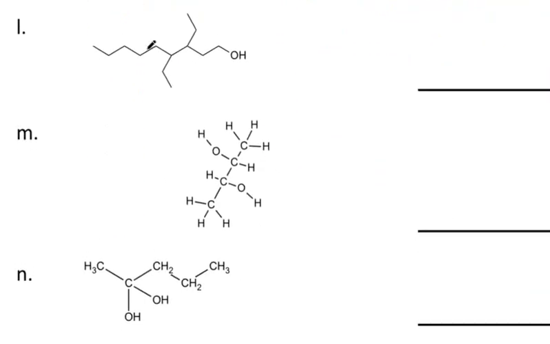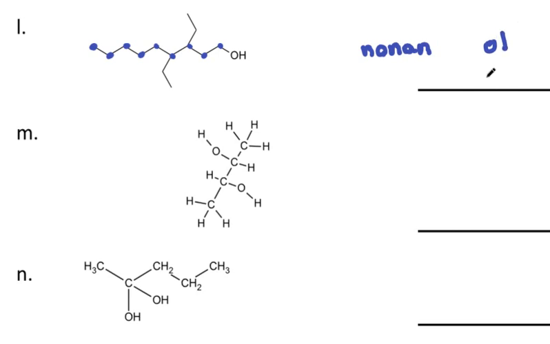And they keep getting worse. What is our primary here? 1 carbon, 2, 3, 4, 5, 6, 7, 8, 9. Okay, 9 is nonane, only we chop off the E and put -ol.